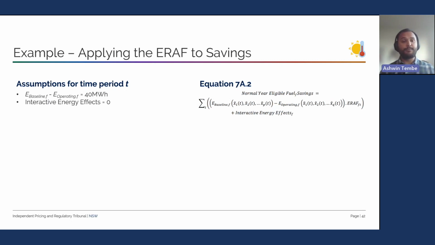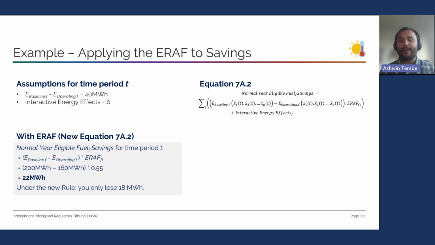Next, we're going to apply that ERAF value to our energy savings. Let's say that the difference between our modeled baseline and operating energy consumption is 40 megawatt hours. That's that assumption in the top left corner there. And we assume that our interactive energy effect is 0. When we put these into equation 7a.2, which is our forward creation equation, what happens is we discount those 40 megawatt hours of savings using the ERAF value of 0.55, which gives us 22 megawatt hours.